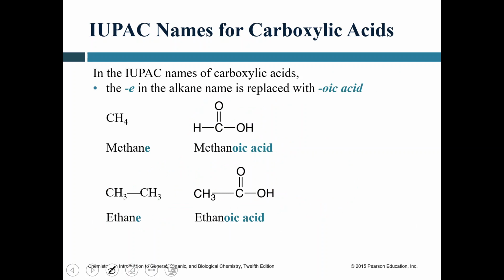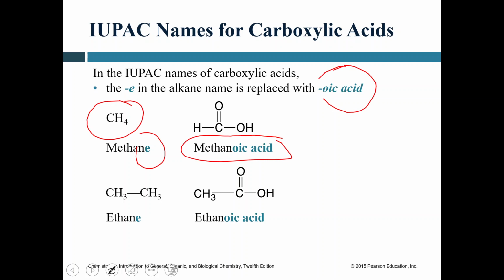In the IUPAC system of naming organic compounds, carboxylic acids are named by the replacement of the terminal E in the name of the alkane with the same number of carbons by oic acid. So methane has one carbon, and a carboxylic acid that has one carbon will be methanoic acid. Ethane has two carbons. Replace E with oic acid and it becomes ethanoic acid.